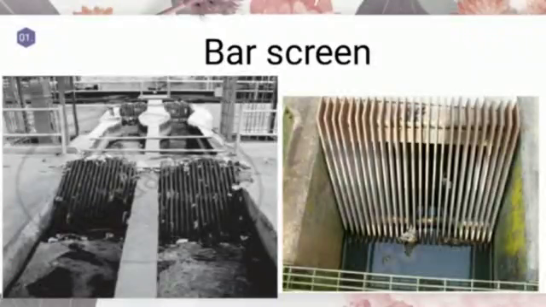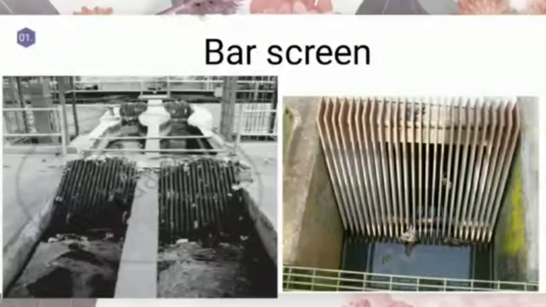This is the initial first process only. Initially the sewage is passed through the screens of the bars, where solid waste, as I told you, such as metal cans, plastic bottles, cloth pieces, napkins and plastic papers, is removed.